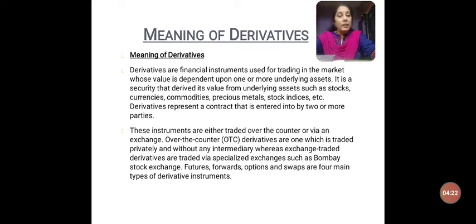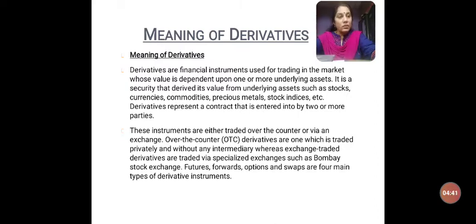The other one is through exchanges. Through exchanges, derivative trade takes place. The exchange becomes an intermediary. Here it is a standardized market where, with a set of rules and regulations, the transactions take place.